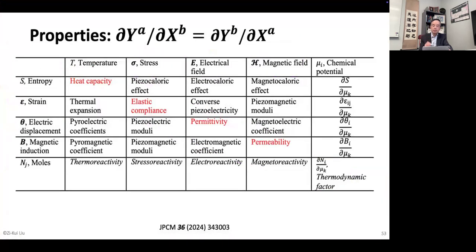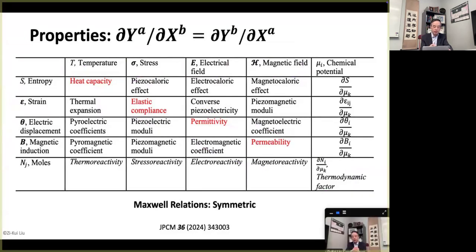And also because of Maxwell relations, this matrix is symmetrical. So that means any two of these quantities are the same value. Okay, they are equal. So that's because of what we just showed before in the Maxwell relations.